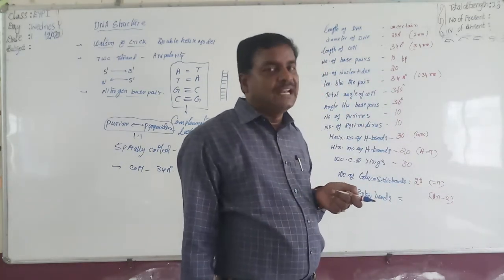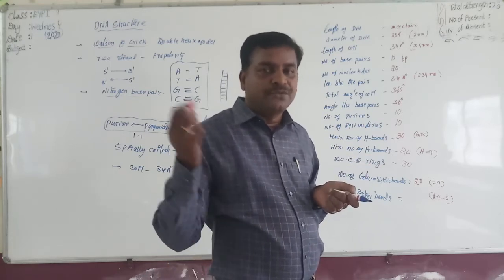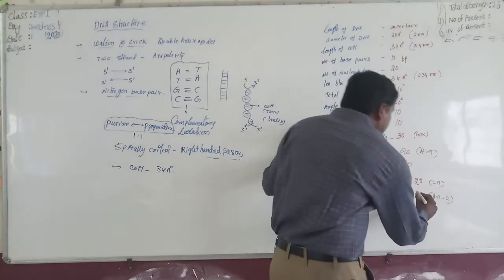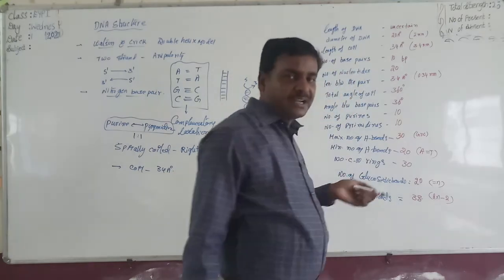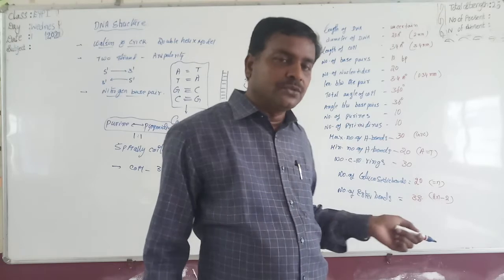What is 2n? There are 20 nucleotides. 20 into 2 is 40, minus 2 is 38. So, 38 ester bonds are there, because there are a total of 20 nucleotides.